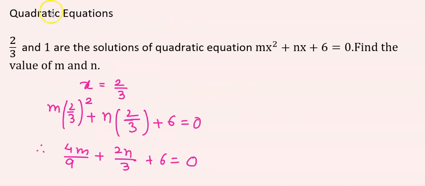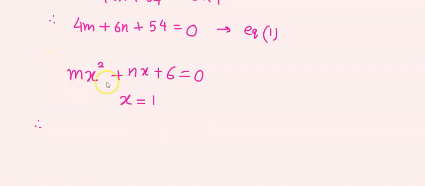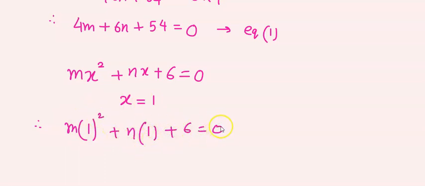First we substituted x = 2/3. Now, because 1 is also a solution, we will substitute x = 1, because 2/3 and 1 both are solutions of the quadratic equation. So in the equation mx² + nx + 6 = 0, substituting x = 1, we get m(1)² + n(1) + 6 = 0.